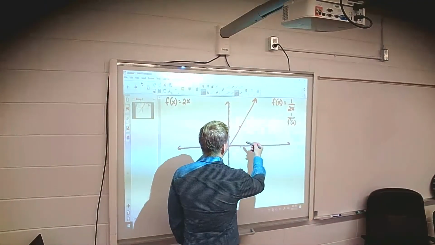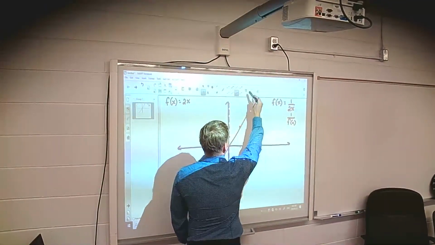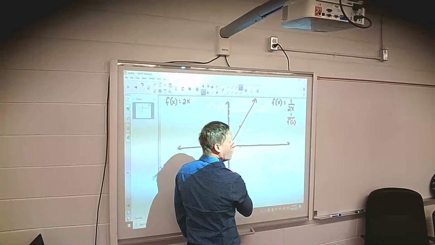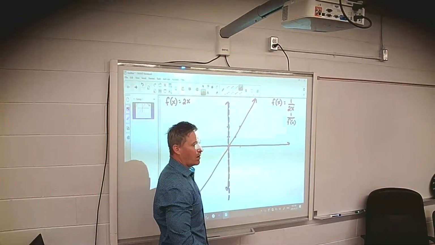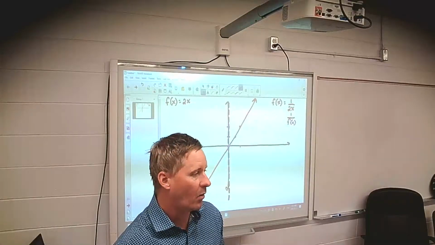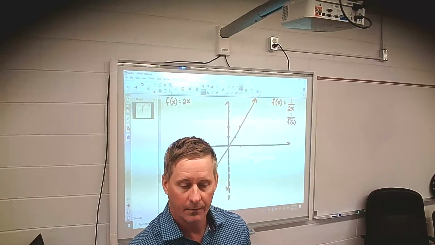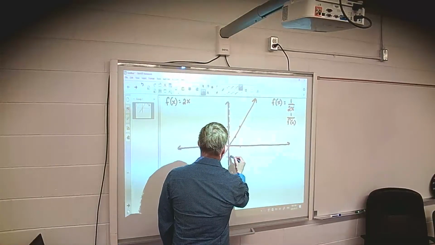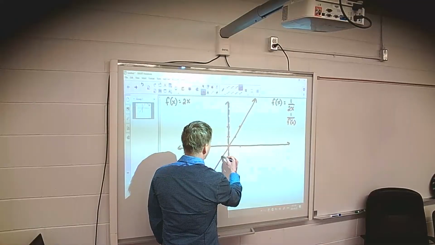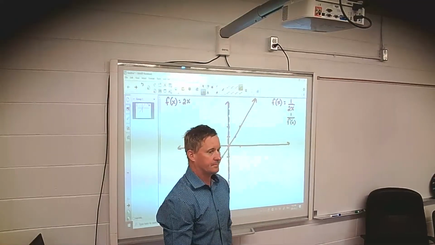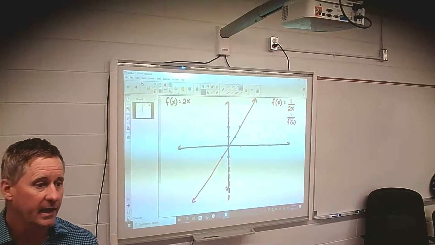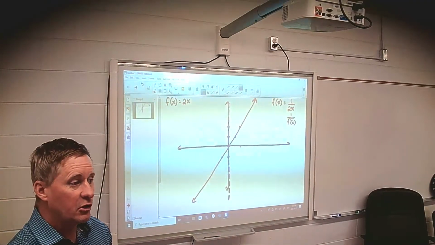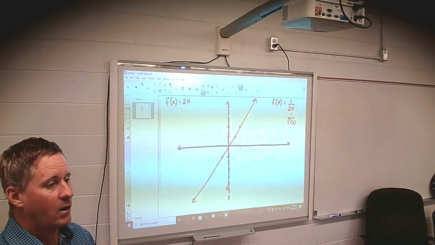Okay, so somebody tell me something. I'm now taking 1 over this coordinate right here. The y value of that coordinate is 1. What is 1 divided by 1? 1. And then down here I have negative 1. What is 1 divided by negative 1? Still negative 1. Those two coordinates are on the new graph when I take 1 over them.